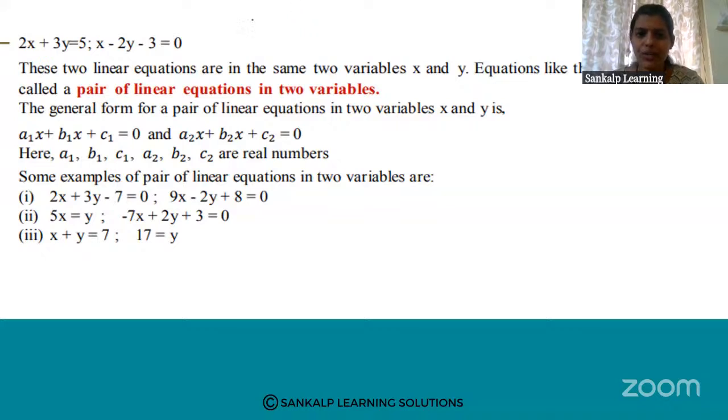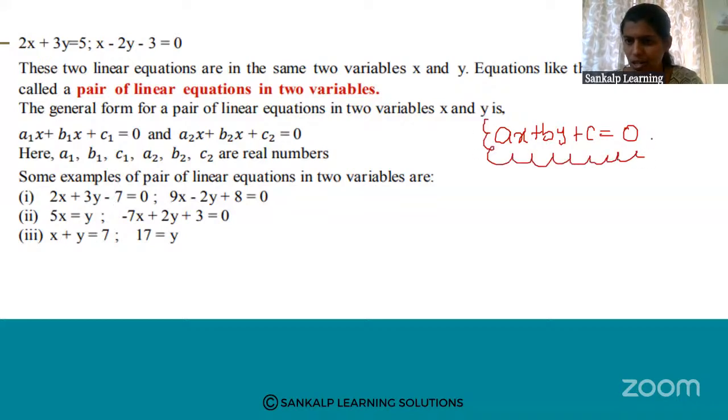Pair of linear equations in two variables. Okay, here we are considering two examples. Pair of equations in two variables. So, ax plus by plus c is equal to 0. It is the general form of linear equation in two variables. Right.